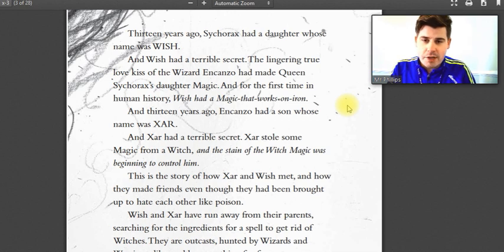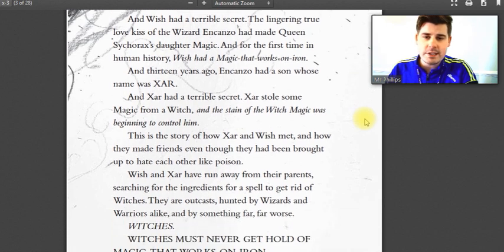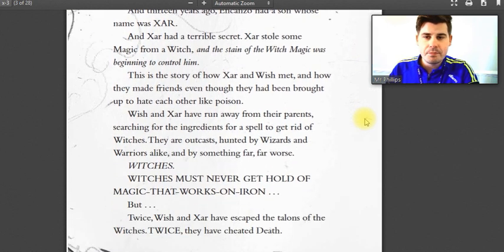Zar stole some magic from a witch, and the stain of the witch magic was beginning to control him. This is the story of how Zar and Wish met, and how they made friends even though they had been brought up to hate each other like poison. Wish and Zar have run away from their parents, searching for the ingredients for a spell to get rid of witches.